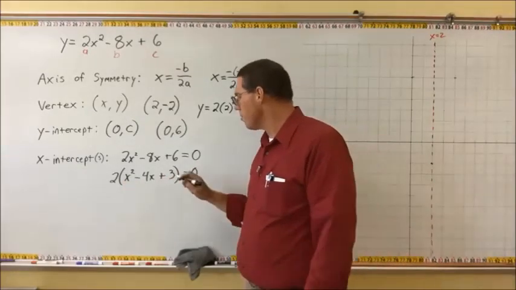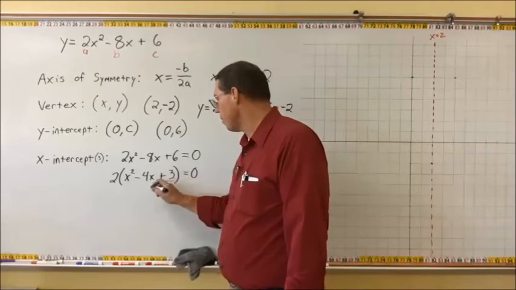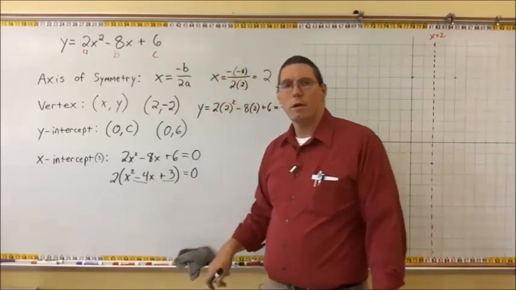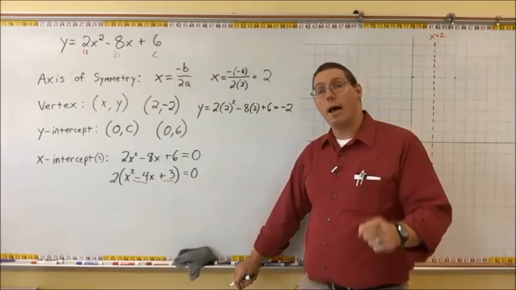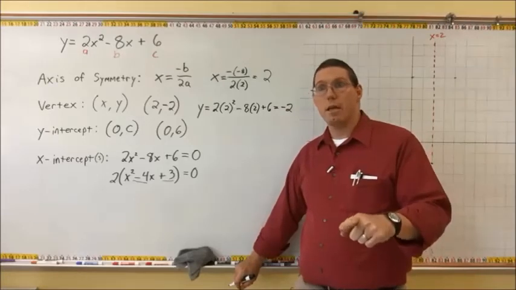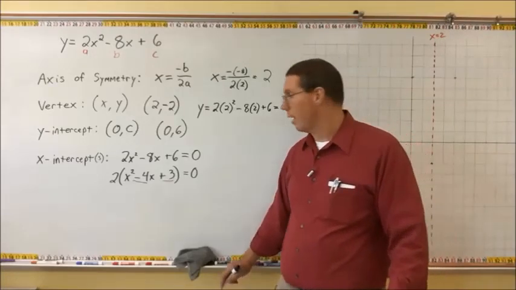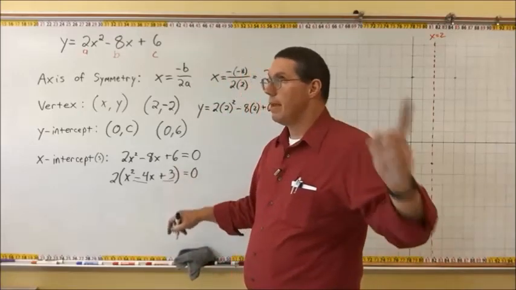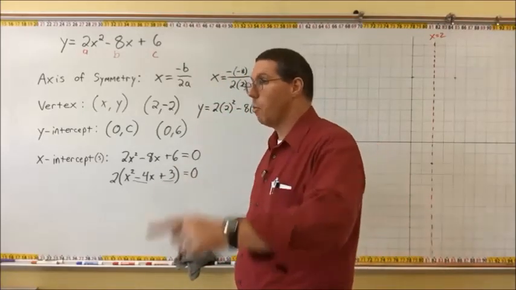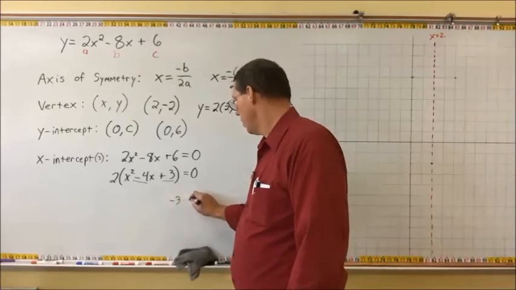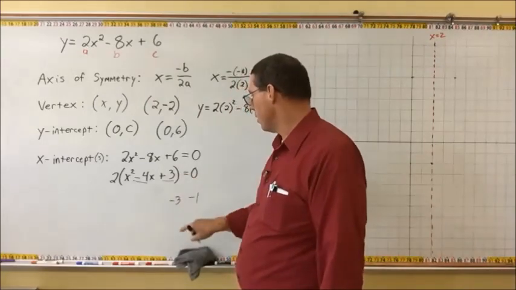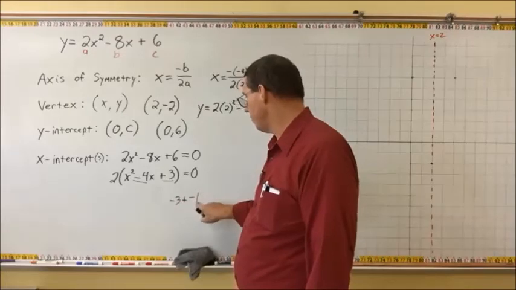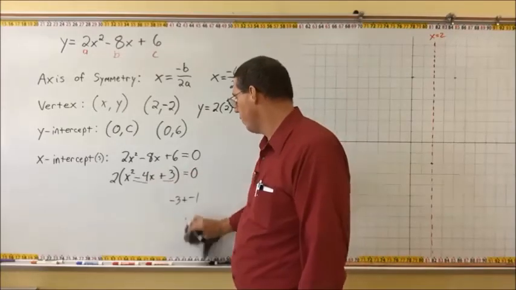Are there two numbers that multiply to +3 but add up to -4? There sure are. How about -3 and -1? -3 times -1 is equal to +3. -3 plus -1 is equal to -4.